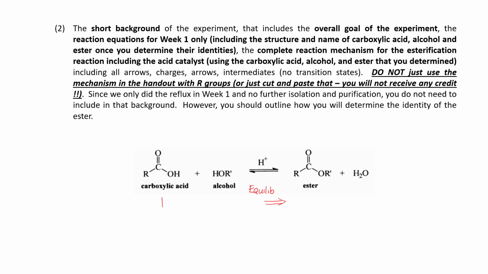Typically what we would have done is we would have used excess acid, or we could have removed the water as it was formed. And in most cases, what we would do is use an excess of the carboxylic acid and then have the reaction go to completion.